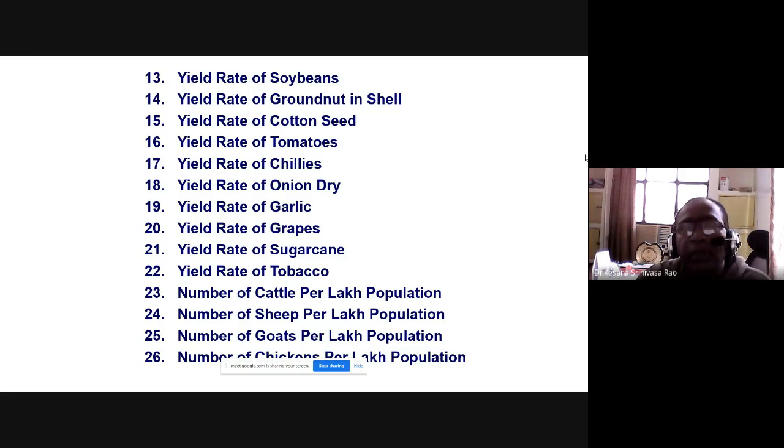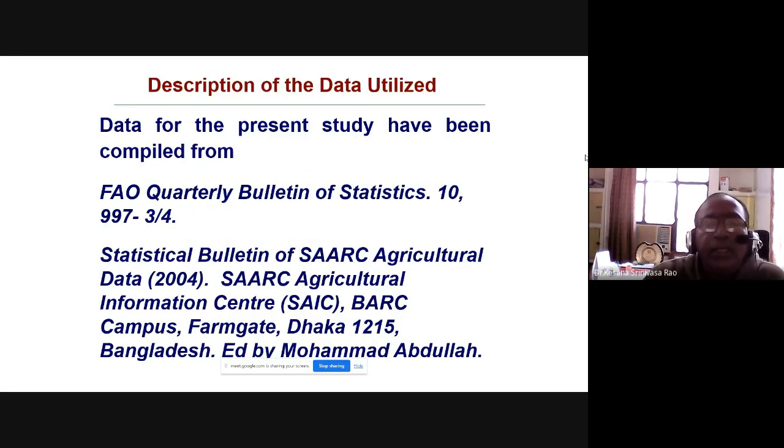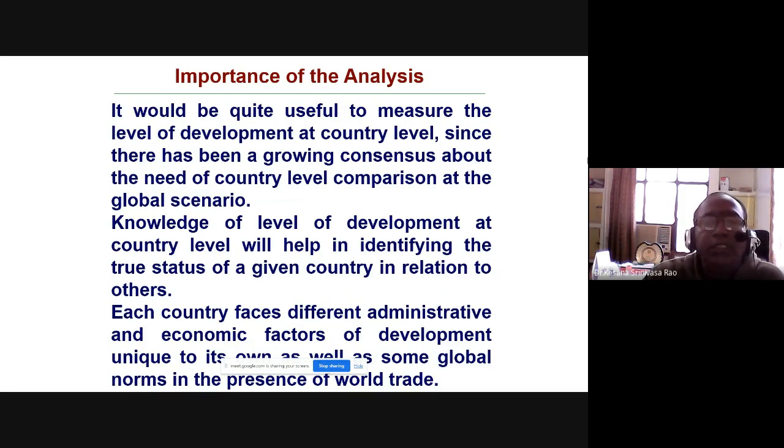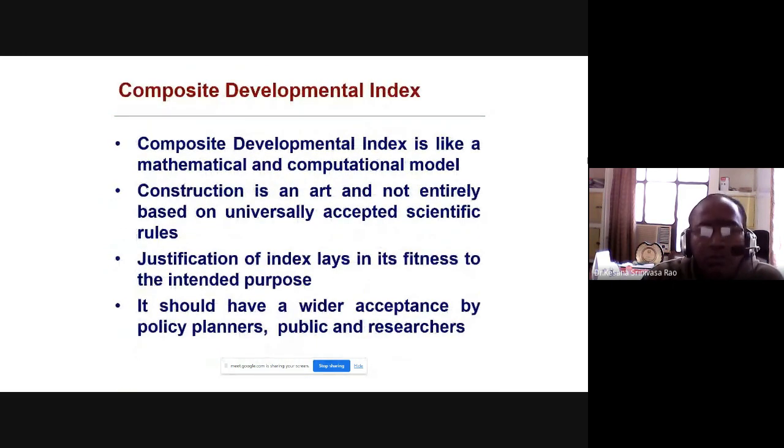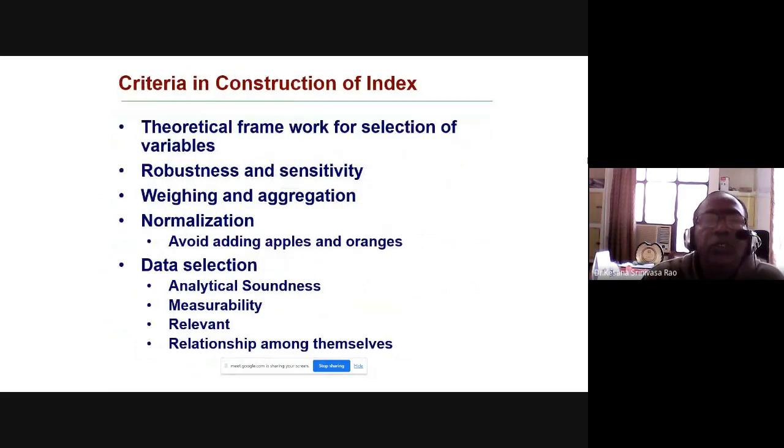Then we can see how the overall agriculture development is taking place year to year, the growth of agriculture. This is the brief about it. Then how this data is being utilized, the importance of analysis, comes after that. If you go into the mathematical manner, these things are very much useful.